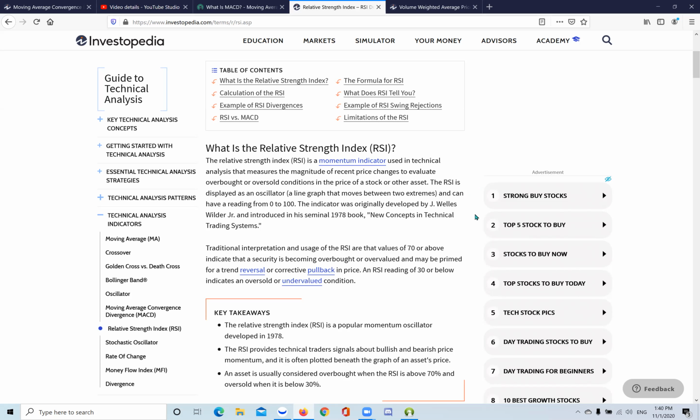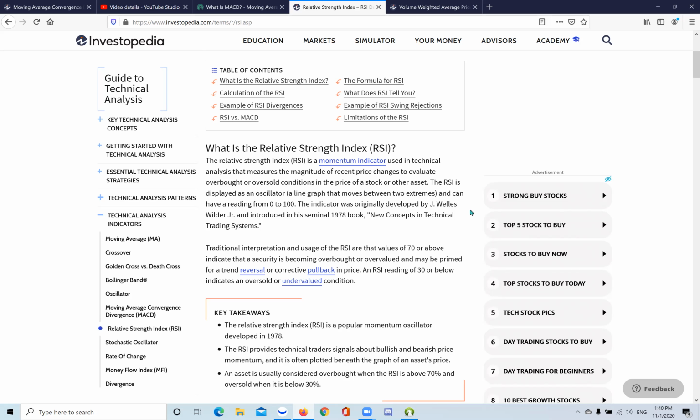The traditional interpretation and uses of the RSI are that values of 70 or above indicate that a security is becoming overbought or overvalued and may be primed for a trend reversal or corrective pullback in price.